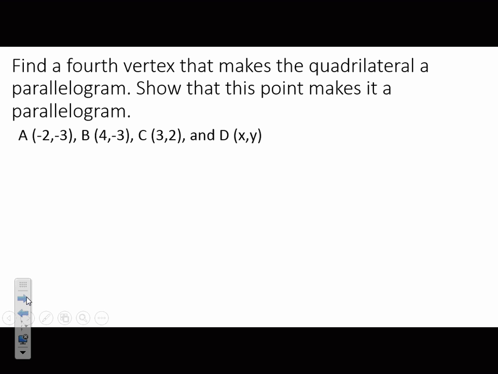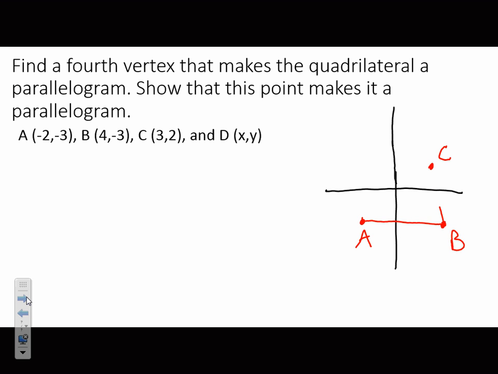Our last example here, we need to find our third missing side. So in order to do that, I'm going to graph this out. And I'm going to graph my points. So I have -2, -3. Here's A. 4, -3. There's B. And C is 3, 2. So here it is, and our goal is to find D over here. We don't know what D is.